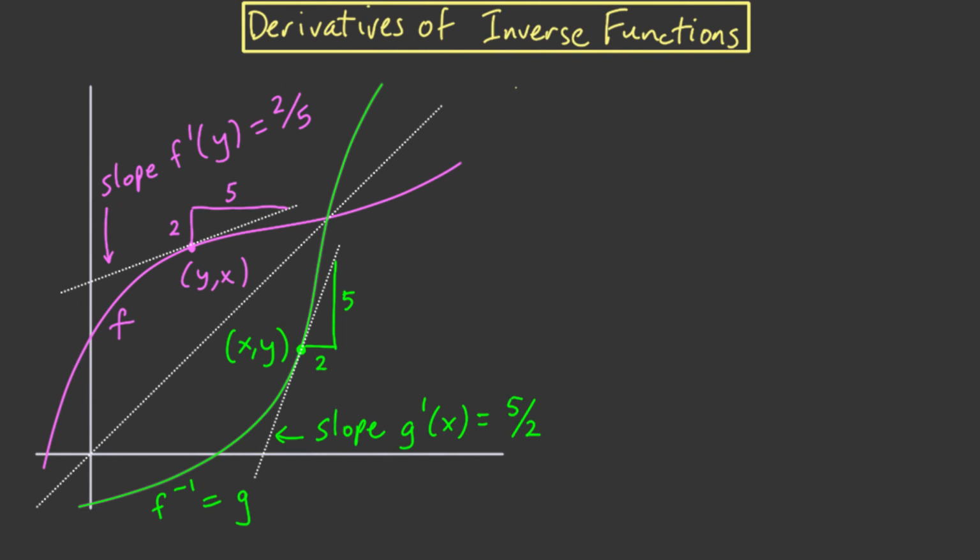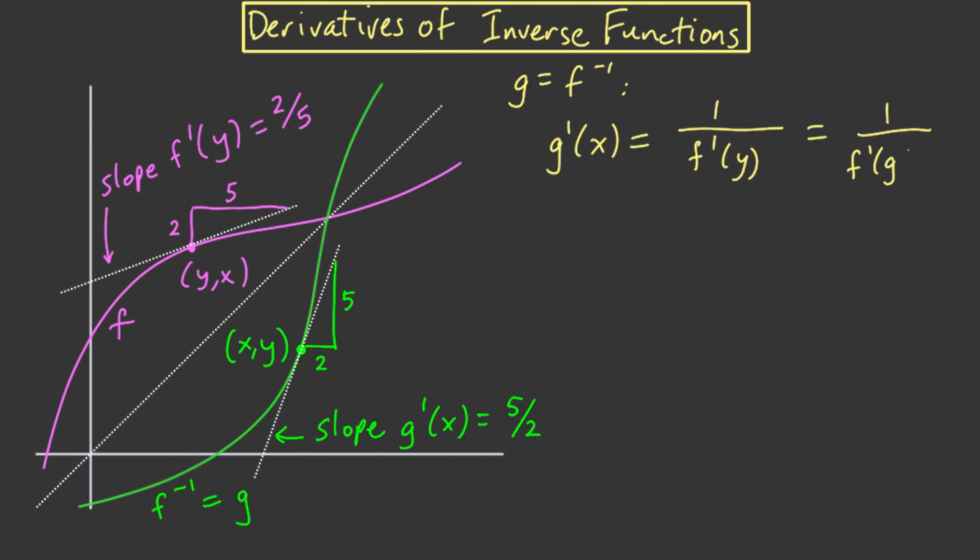To summarize, we've got our g, which is equal to f inverse, and the derivative of g at x is equal to the reciprocal of the derivative of f at y. Or if you want to put everything in terms of x, we can replace y with g of x, and we'll get 1 over f prime of g of x.